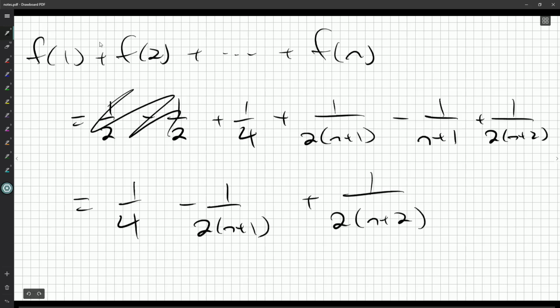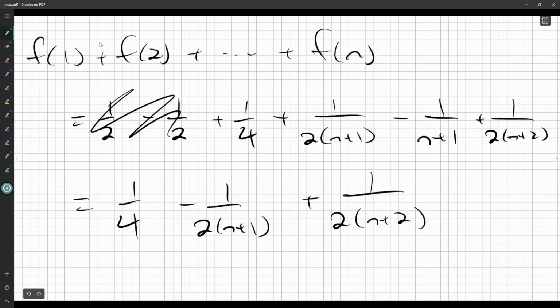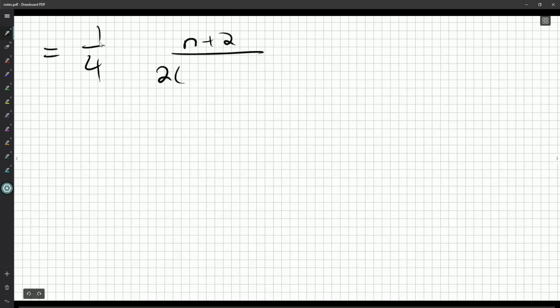So we can simplify this as well. We can say, oh, and there's that quarter we had. So maybe we don't want to simplify all of these. Maybe we just want to simplify and get a nice common denominator by multiplying top and bottom by n plus 2, and then n plus 1.